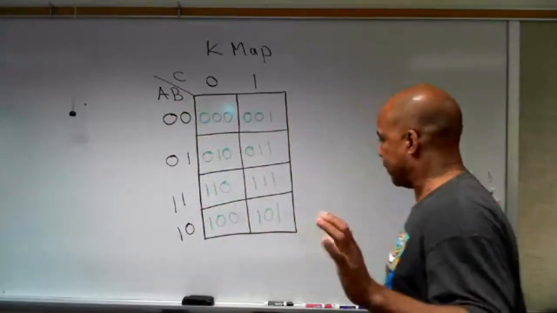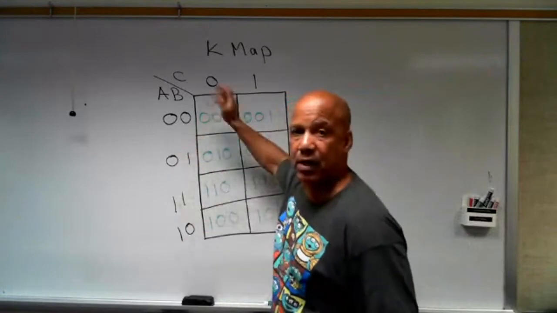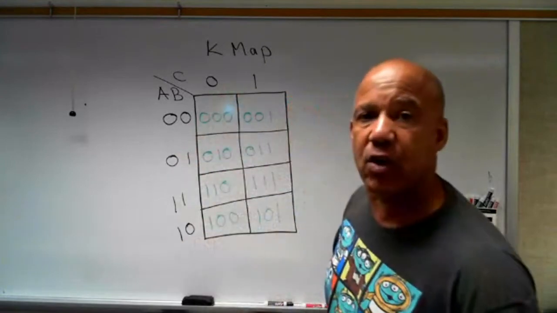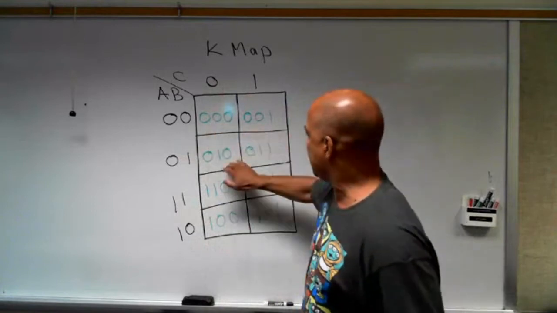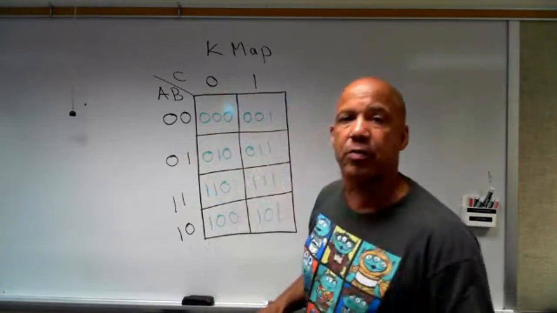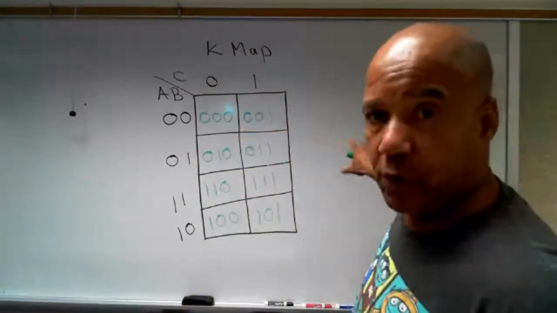But the first thing I want you to make sure you understand is how to number the rows and how to number the columns. Once you have the correct numbering of the rows and columns, you should be able to get the binary value of each cell. That's important because in a couple of days, this actually relates to truth tables.